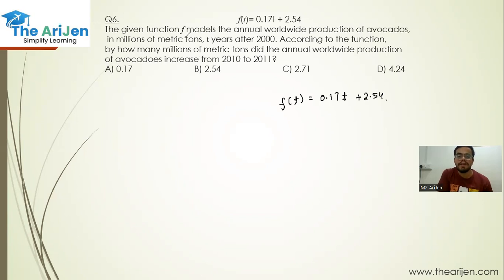In the given function, f models the annual worldwide production of avocados in millions of metric tons, t years after 2000, right? According to the model, how many millions of metric tons did the annual worldwide production of avocados increase from the year 2010 to 2011? So there is only a change of 1 year.